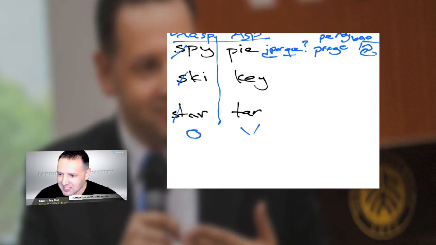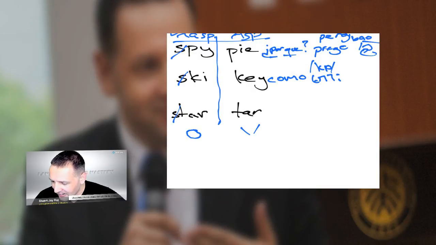Other words we've got here, ski key, so the unaspirated words, como. Okay. Many in English will say we're going to Koh Samui, but actually in Thai, this word is got, okay, got, and in IPA it would be written like that, got, not ko, meaning island in Thai.